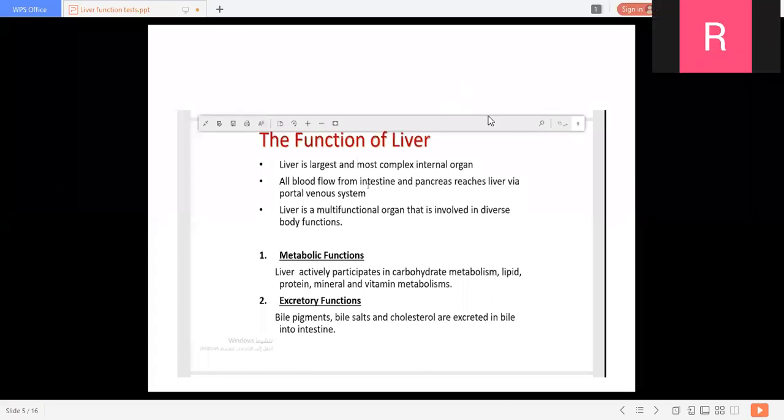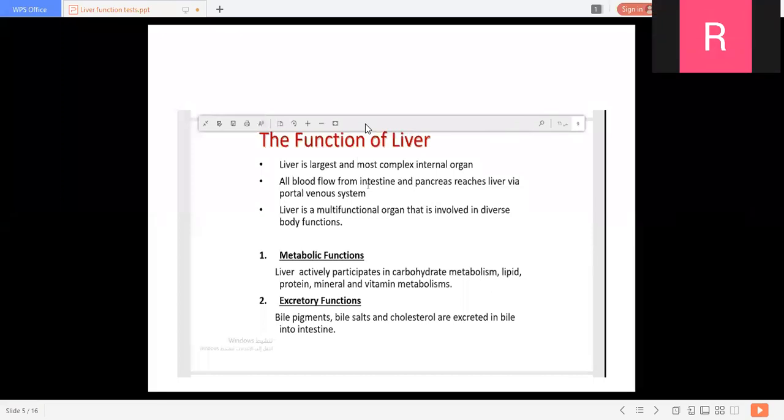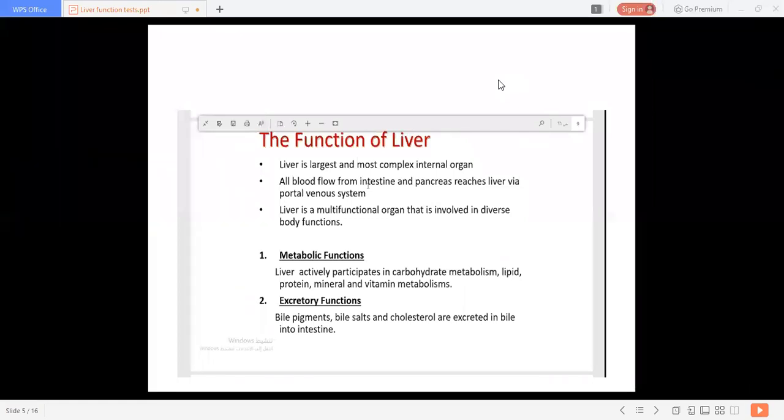So judging the levels of bilirubin is very important, and advising the bilirubin examination is very essential if you want to diagnose any condition related to the liver or conditions like anemia.